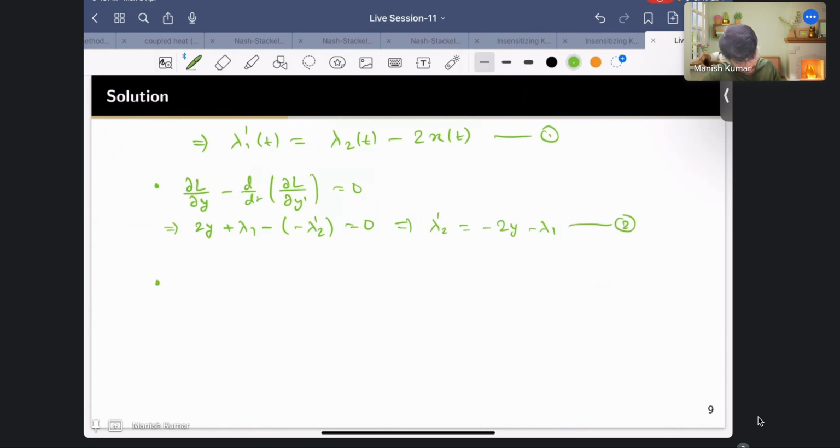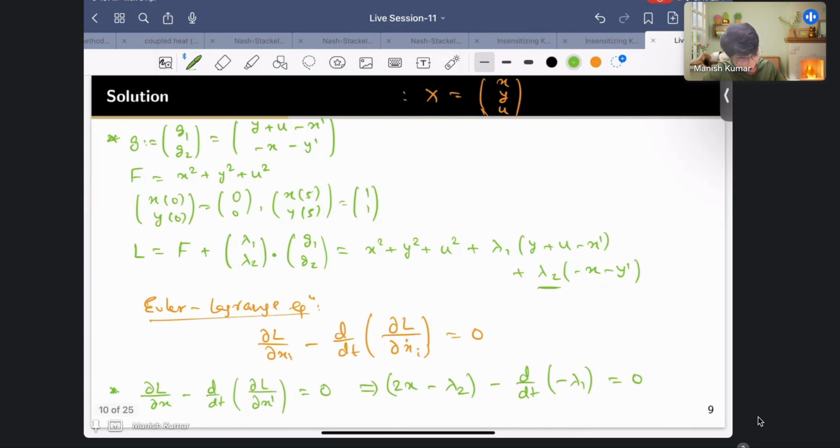So this is the second equation what you got. The third one is del L by del u. If you do, you will get 2u plus lambda 1 and then minus d dt of del L by del u prime, right? So del L upon del u prime. So you don't see any term, right?